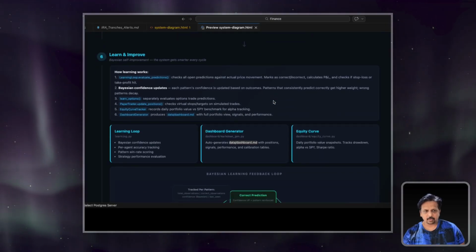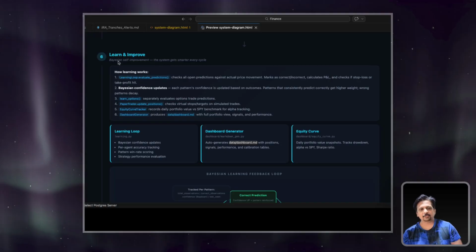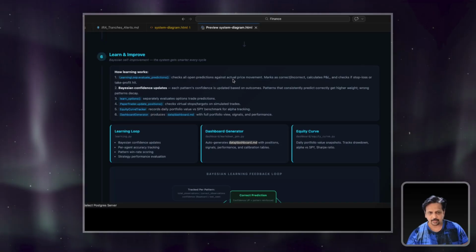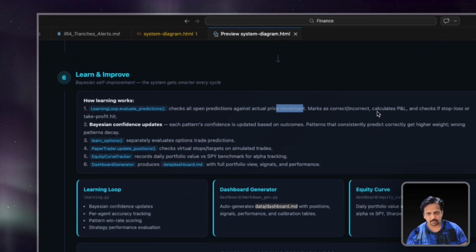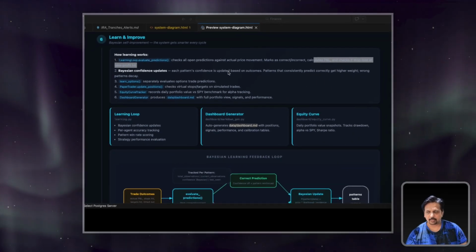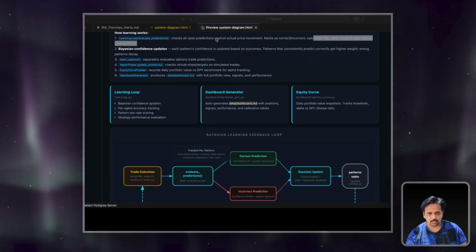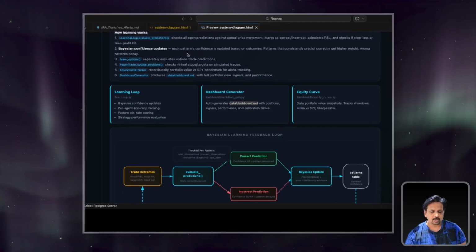And finally, I want to touch upon the learn and improve loop. It uses the Karpathy-like Bayesian self-improvement system, right? It checks all the open predictions against the price movement and marks whether it is correct or incorrect. It calculates P&L, right? And it does a stop loss or take profit hit. Those signals will be given, and if any of those hit, then it learns out of that, and that's very important.